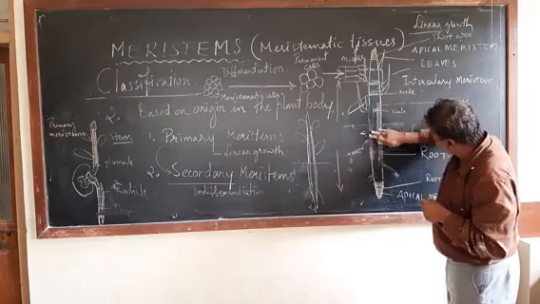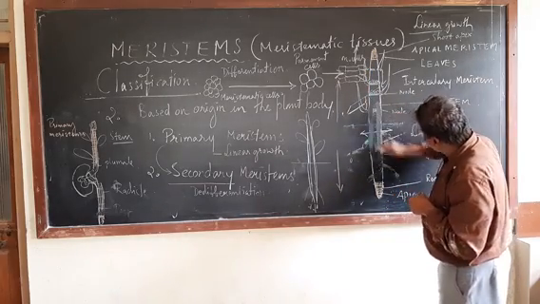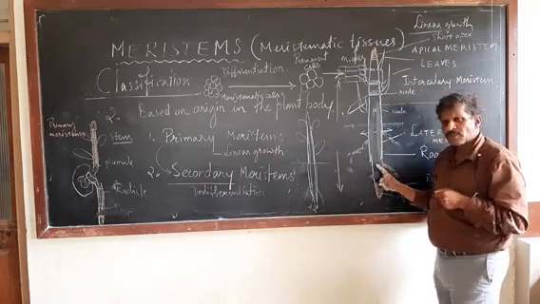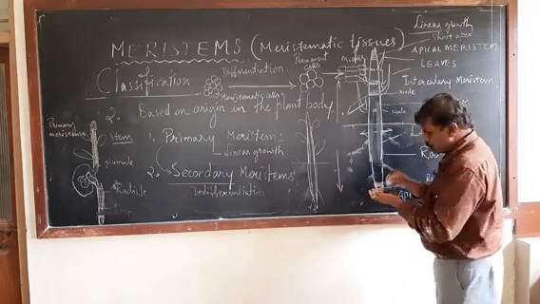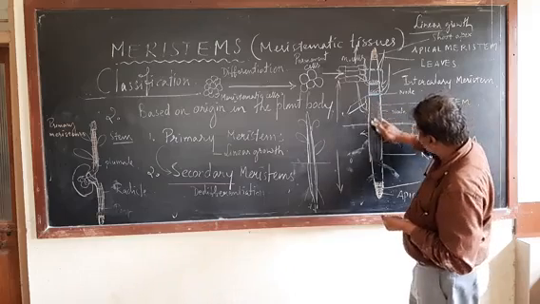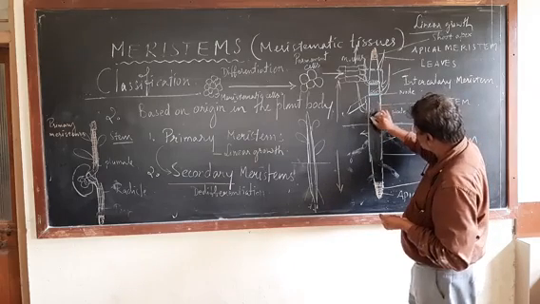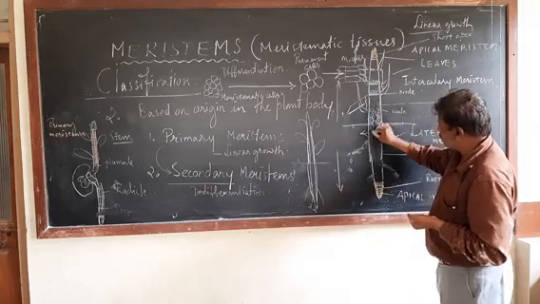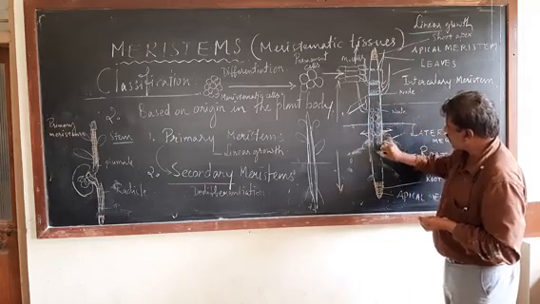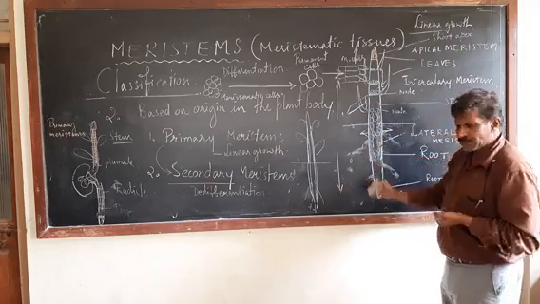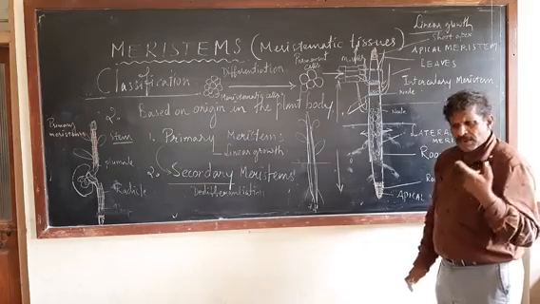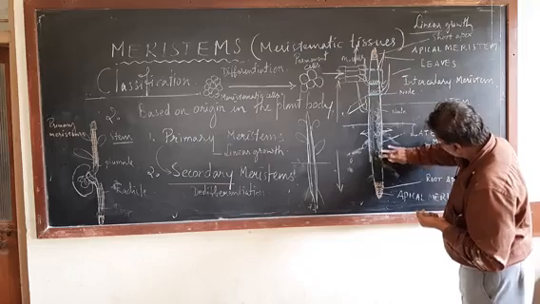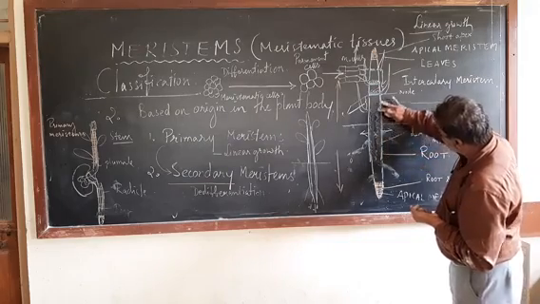Assume that here is the older region of the stem and root. In this old part of the stem and root, already some permanent cells may be present, maybe the parenchyma cells, which are permanent cells. But here, these cells undergo transformation, particularly in this particular segment.